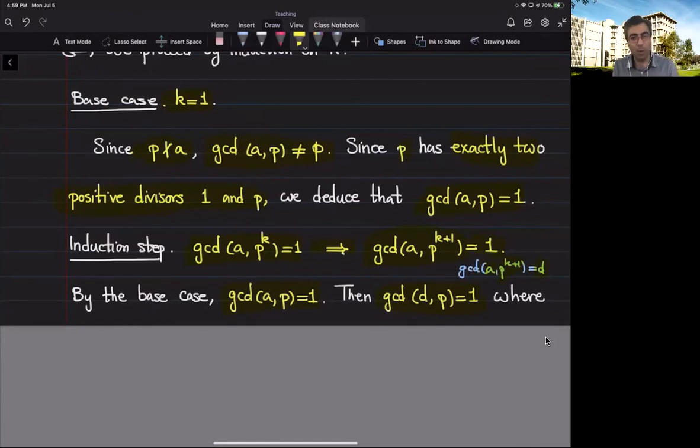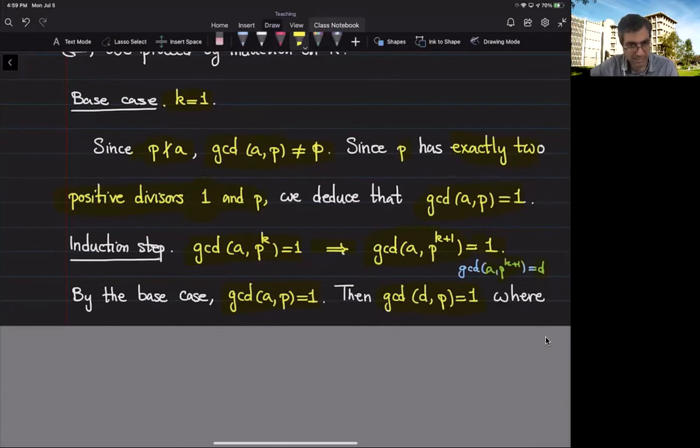One of them is 1, the other one is p. Now, we are saying GCD of a and p is a positive divisor of p, which is not p. So it should be 1. Okay, that's exactly what we want to show. So if p doesn't divide a, then GCD of a and p is 1.